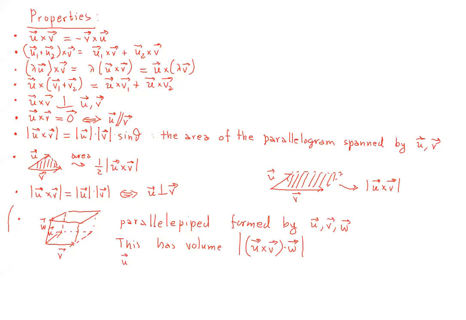So if u is u1, u2, u3, and v is v1, v2, v3, and w is w1, w2, w3, then this volume is simply the absolute value of this determinant: u1, u2, u3, v1, v2, v3, and w1, w2, w3. There's another magnificent property here that says that it doesn't matter in what order you take this.